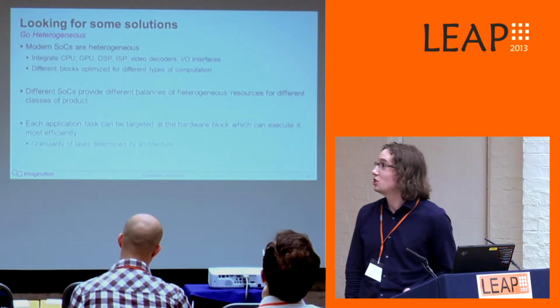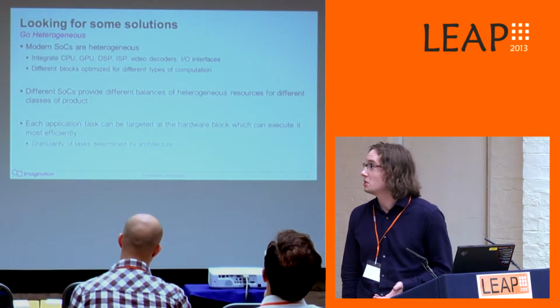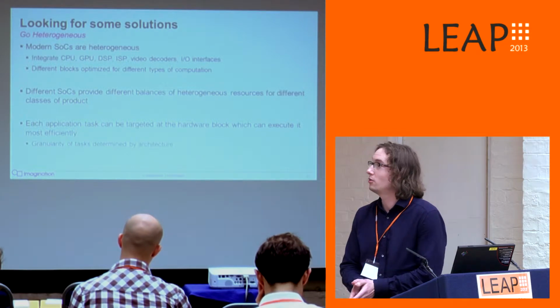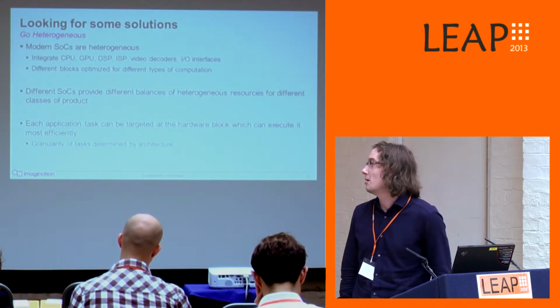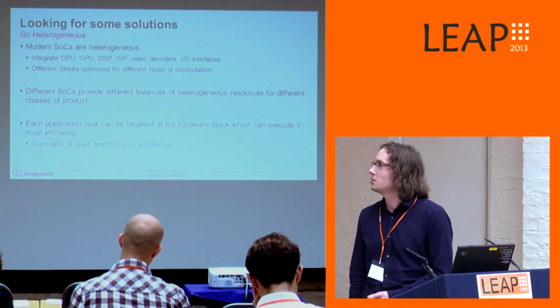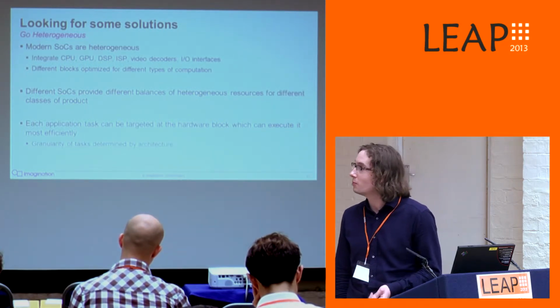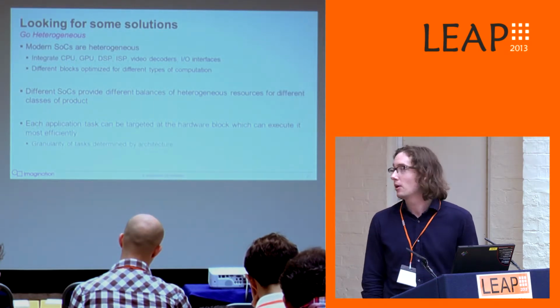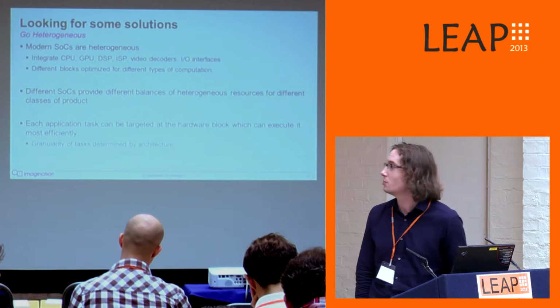So then you can potentially look at going heterogeneous, and modern SoCs are already very heterogeneous. They mix all these different components, from CPUs, GPUs, DSPs, and so on, custom logic. And the nice thing there is that each of the blocks is optimized for a different kind of computation, and therefore runs that computation the most efficiently and at the lowest power.